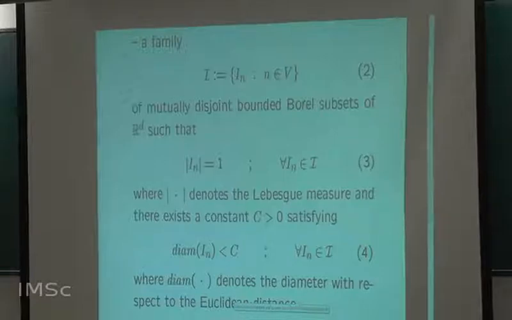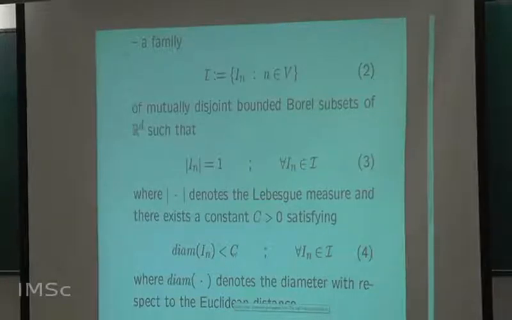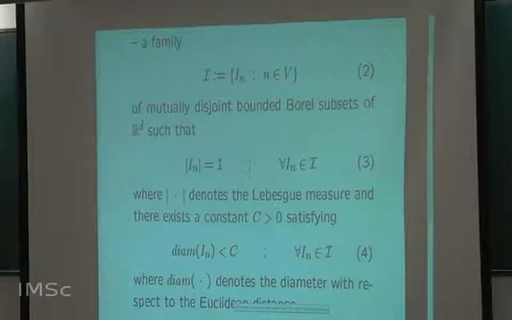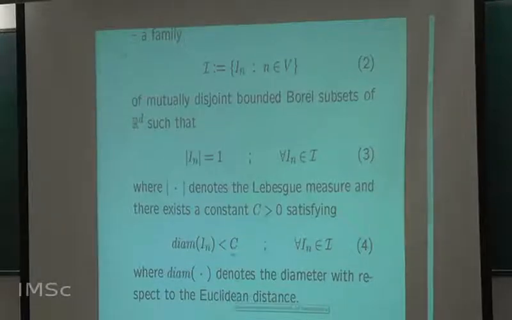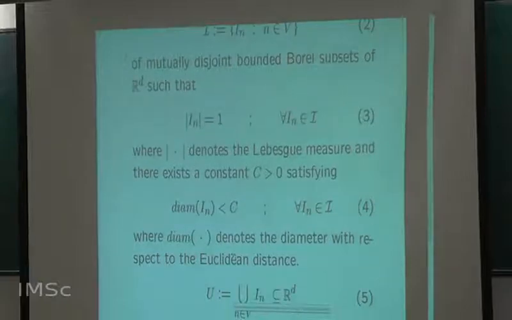So that justifies the generalization that they all have Lebesgue measure 1, and they all have bounded diameters. You can take unbounded sets of measure 1, of course. And we want them to have a bounded diameter because we will use it for continuity.